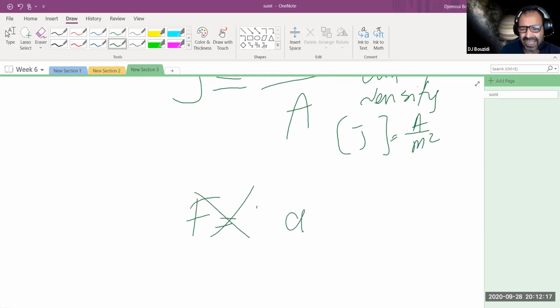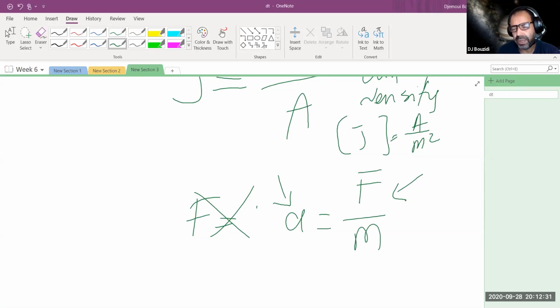the effect in this case is the acceleration, which is the force over the inertia. So the effect is this, and the cause is this one. What causes an acceleration to begin with is a force. The same thing in here.